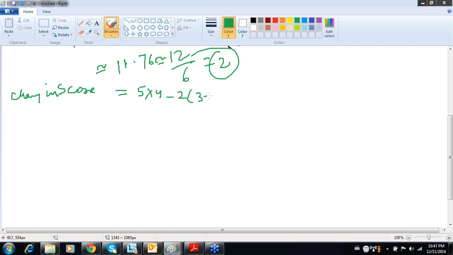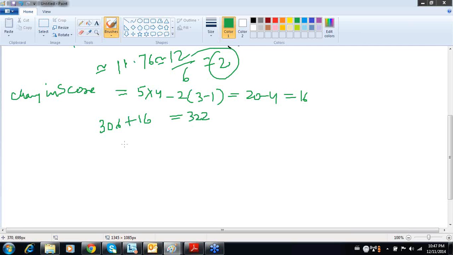So it will come out to be 20 minus 4, which is 16. So 16 is the total increase in the score. So out of 306 plus 16, now the total score is 322.